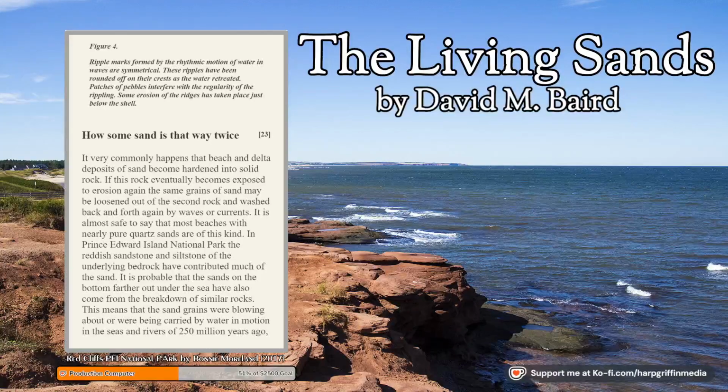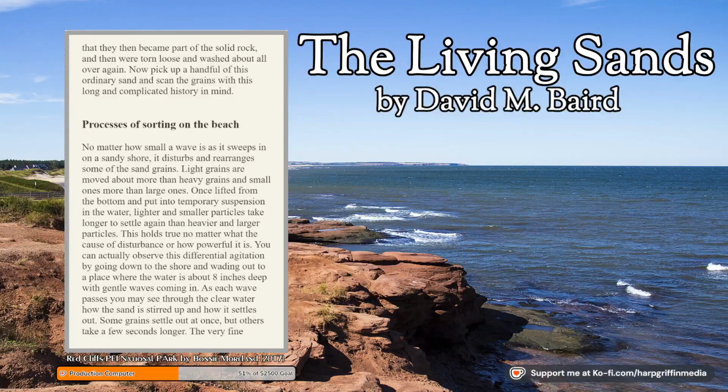This means that the sand grains were blowing about, or were being carried by water in motion in the seas and rivers of 250 million years ago. That they then became part of the solid rock, and then were torn loose and washed about all over again. Now, pick up a handful of this ordinary sand and scan the grains with this long and complicated history in mind.